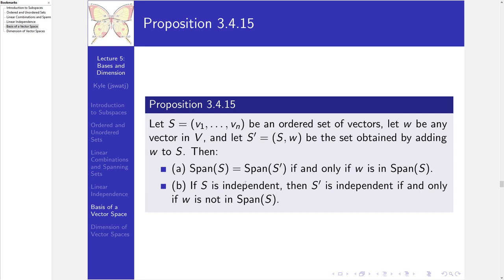And then if S is independent, then S prime would be independent if and only if W is not in the spanning set. Because if it is in the spanning set, then we could rewrite it in terms of other vectors that are already in the set, and so it wouldn't be independent anymore.